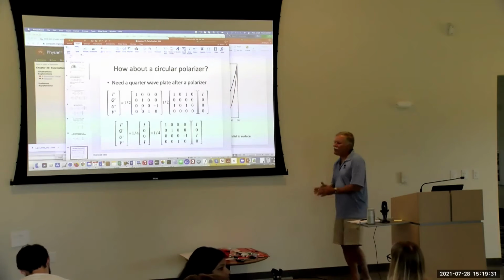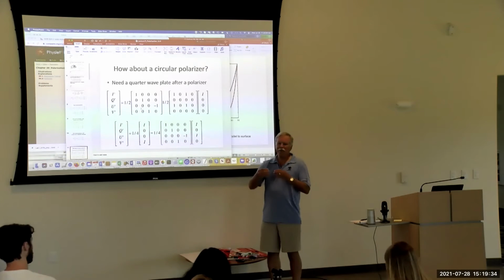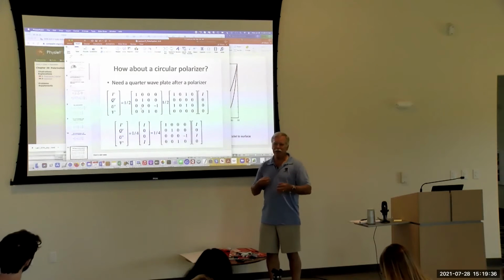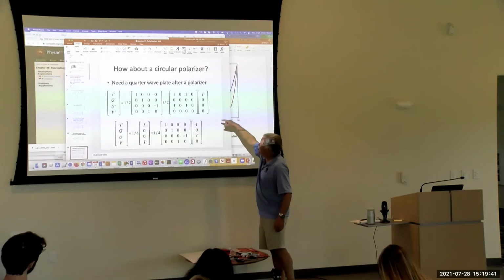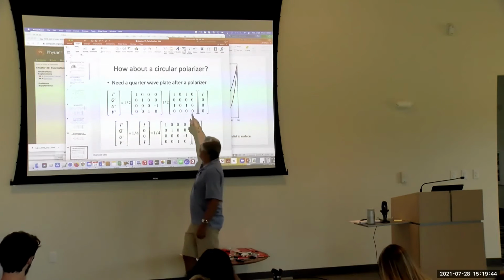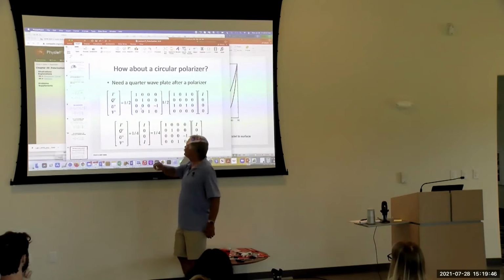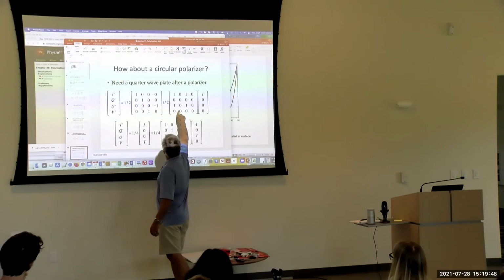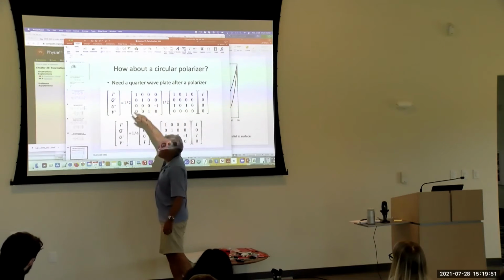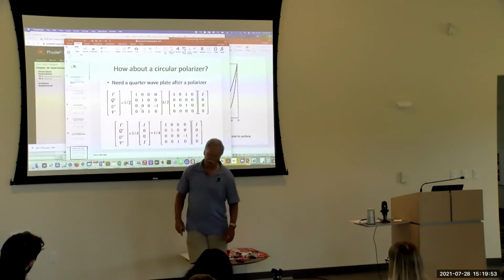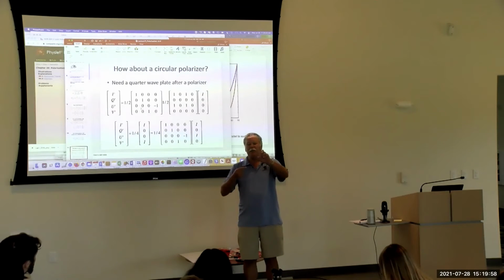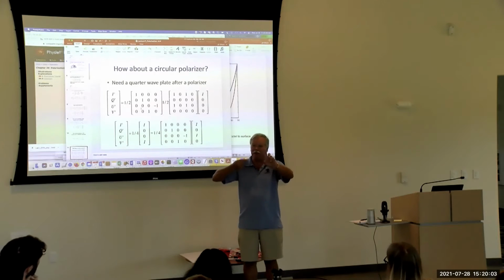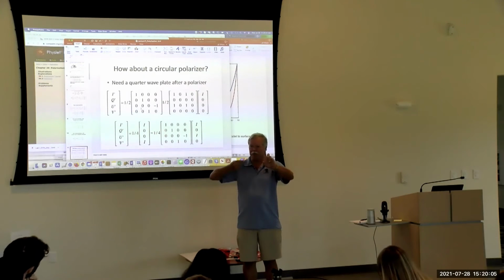The way you make a circular polarizer is you have to get the two directions out of phase with each other. So what we need is a quarter wave plate. You take unpolarized light, put it into a polarizer that's at 45 degrees, which is this Mueller matrix, and then you multiply it by the Mueller matrix for a quarter wave plate, which puts one direction 90 degrees out of phase with the other direction, quarter wave.